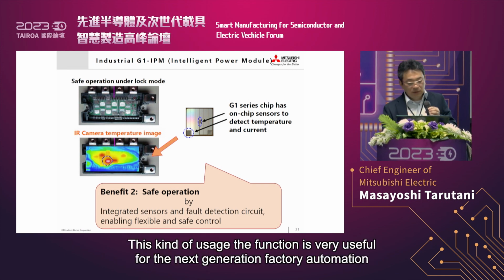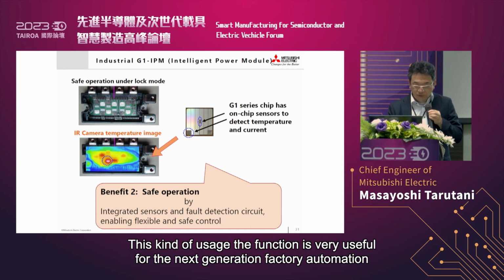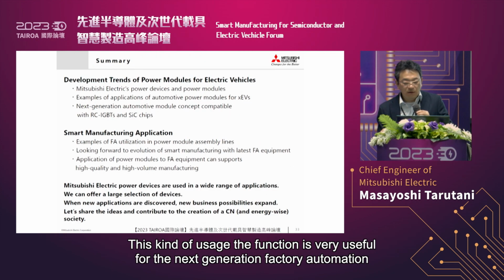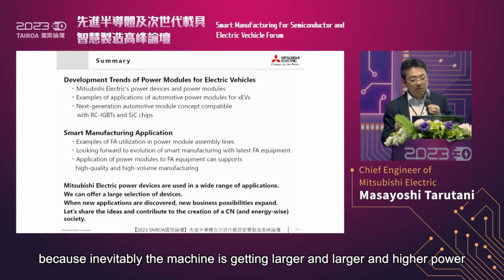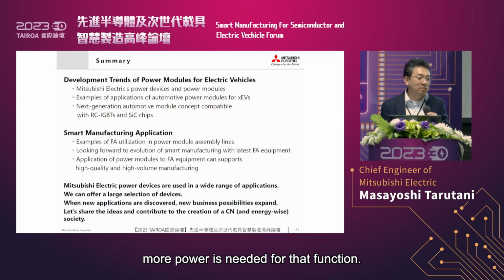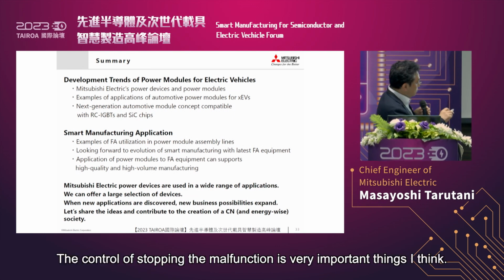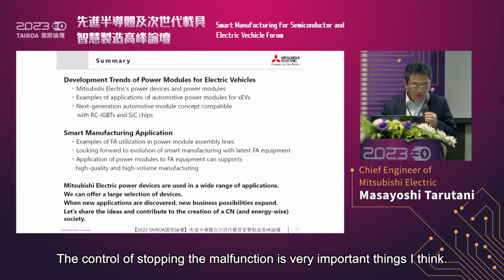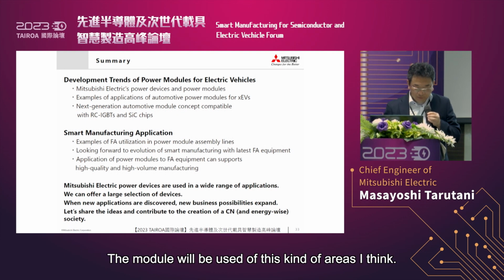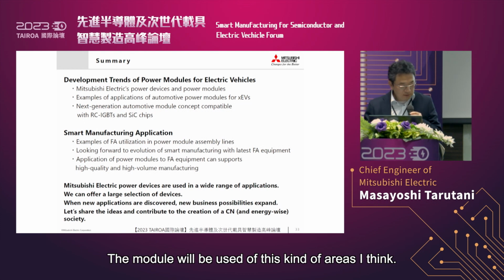This kind of function is very useful for next generation factory automation, because in factories, machines are getting larger and larger, and more power is needed. So control for stopping malfunctions is a very important thing, I think. So our module will be used in this kind of area, I think.